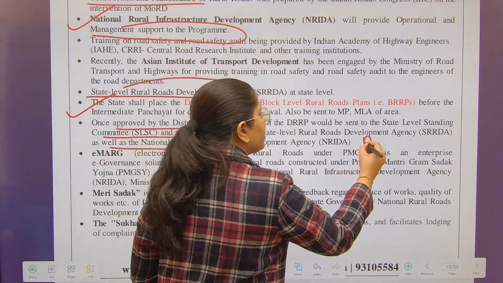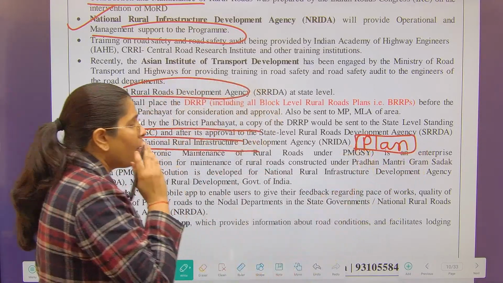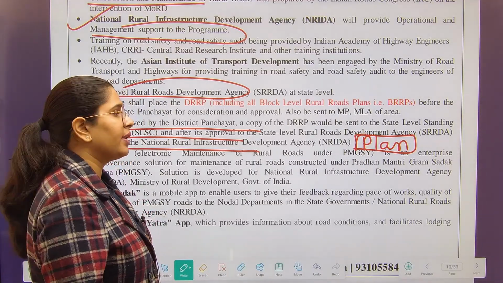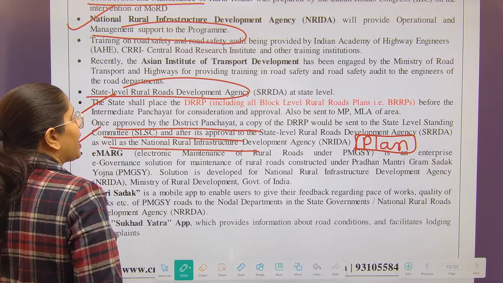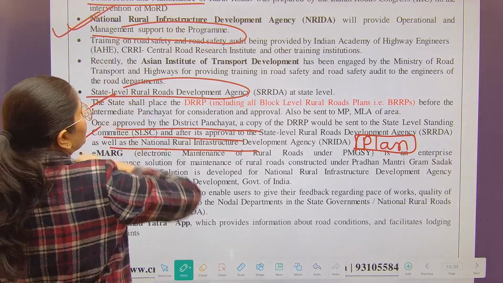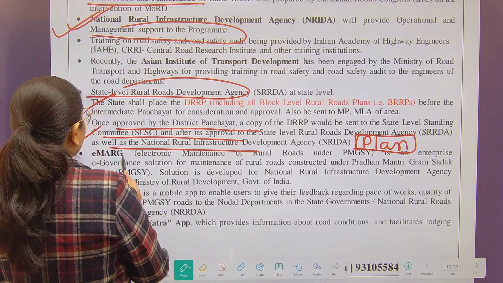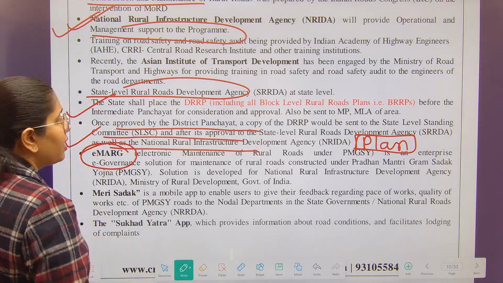So this is in relation to your plan. How a particular road will be planned: first the district level authority will do it, then your state level authority will review it, and finally it will be given to the National Rural Infrastructure Development Agency, which is responsible for providing operational support for the program.